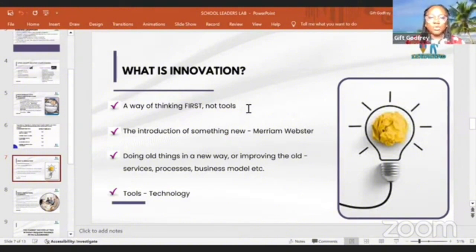It's not about tools. For number two, it is the introduction of something new. That's according to Merriam-Webster. Now, it is doing old things in a new way. There's something you're already doing in your school, all right, in terms of instructions. You are now doing them in a refined way, or you are improving old services, processes, and even your business model. There are some people whose business model has remained the same from when they started that business.